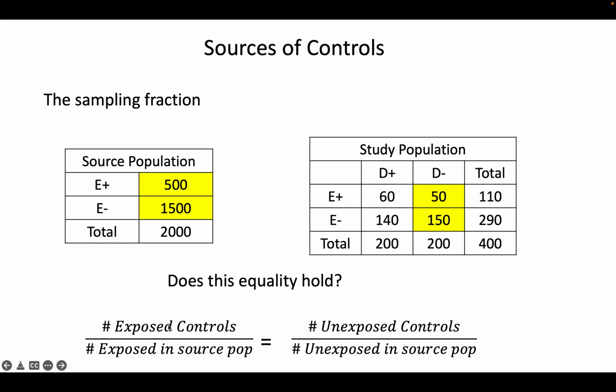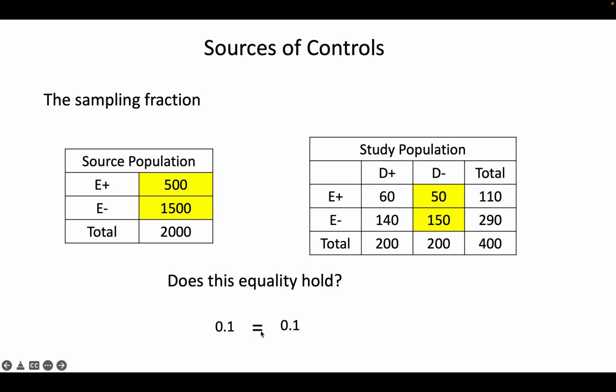Is the number of exposed controls, 50 here, over the number of exposed in the source population, 500, equal to the number of unexposed controls, 150, over the number of unexposed in the source population, 1500? And it is. So if that's the case, then we would have done our job. This isn't often known. This is more of a conceptual idea to illustrate what we're trying to do, but these numbers aren't often known.